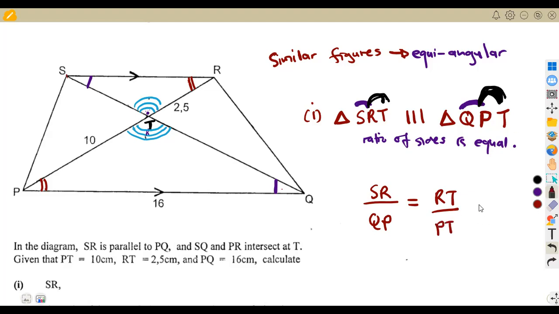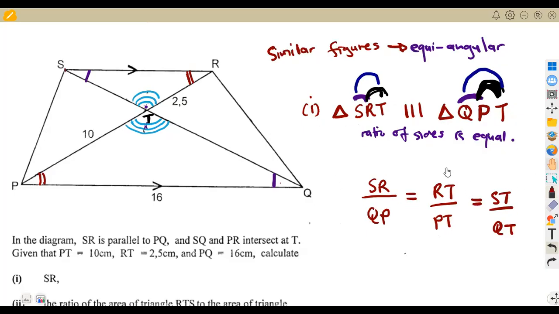So this is over PT is equal to, again, if you check, we are having another one from S to T and from Q to T. So S to the last point, Q to the last point. So this is going to be ST over QT in this case. All right. This is our ratio of sides that we are having.